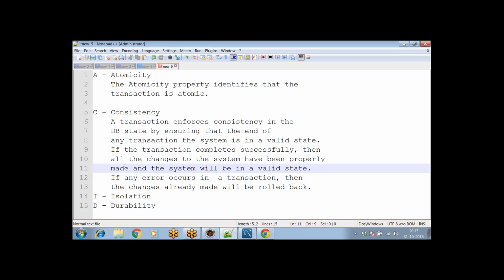The data should not be corrupted. That is what we need to make sure always.